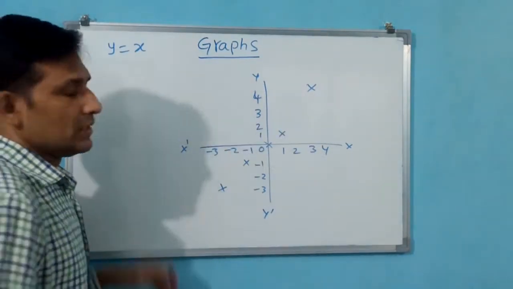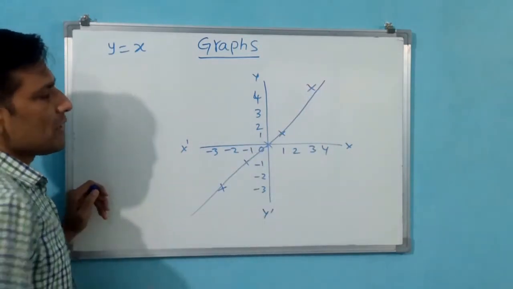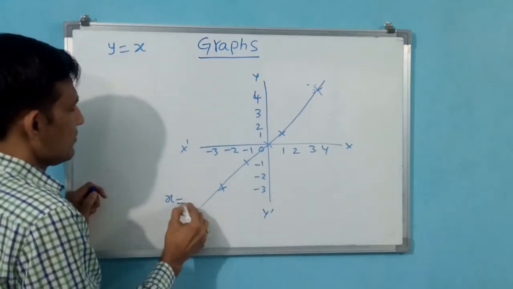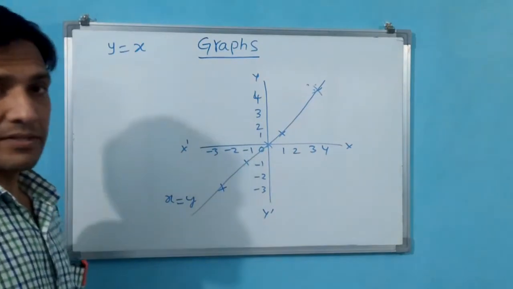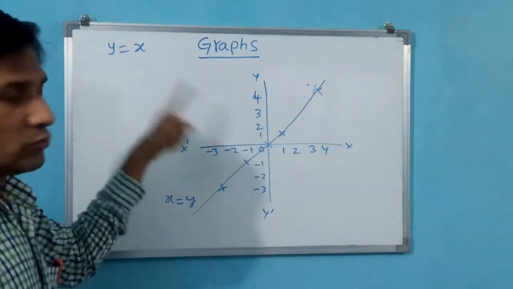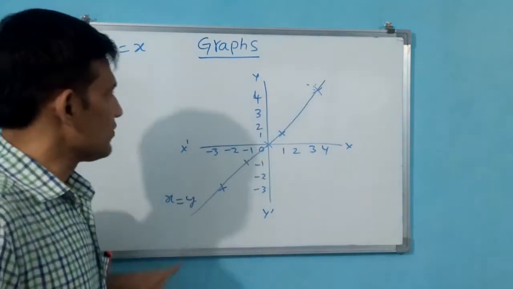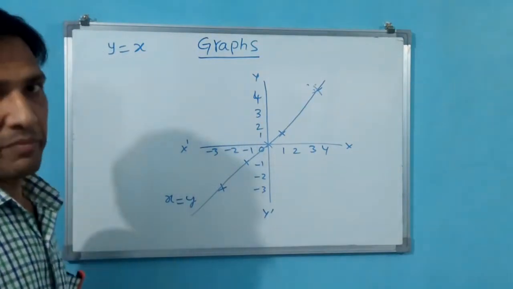If you touch these points, the graph will be like this. Definitely it is going to touch the origin. Why? Because here no constant is there, both are variables. If no constant is there, then the graph is going to touch the origin normally. That you have to remember.